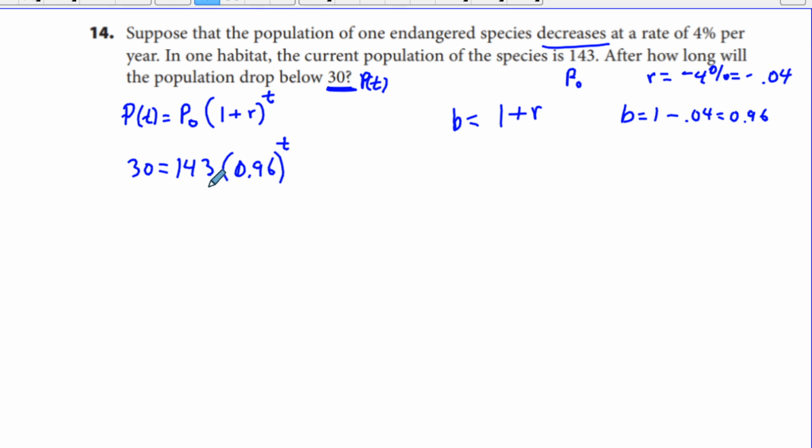Now in 13.3, which we came from most recently, we would have solved this by graphing in the calculator, but here we're using the title, Properties of Logarithms, to solve this. So we go ahead and divide by 143.